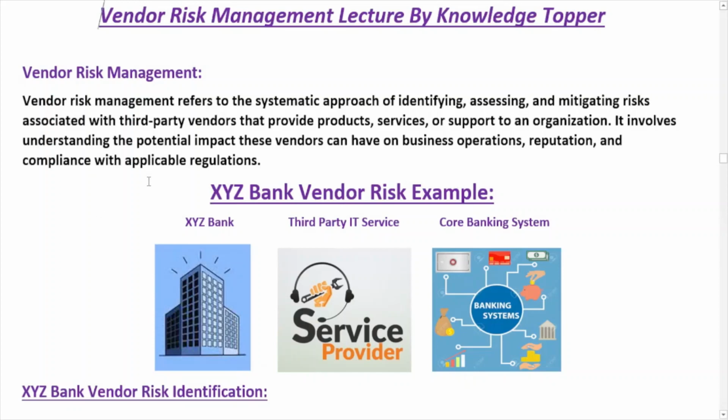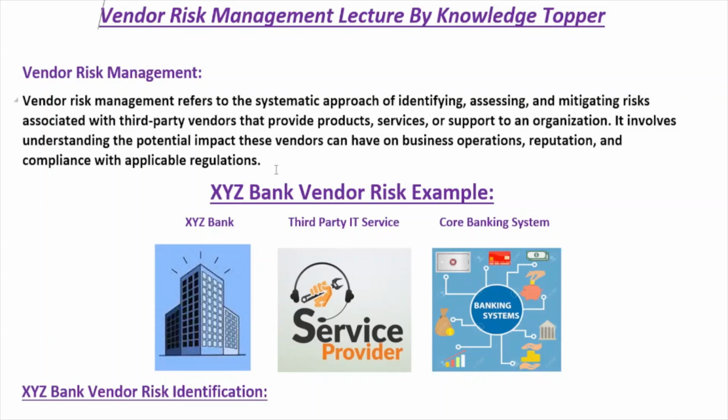First of all, let's discuss the definition of vendor risk management to have a basic understanding. Vendor risk management refers to the systematic approach of identifying, assessing, and mitigating risk associated with third party vendors that provide products, services, or support to an organization. It involves understanding the potential impact these vendors can have on business operations, reputation, and compliance with applicable regulations.